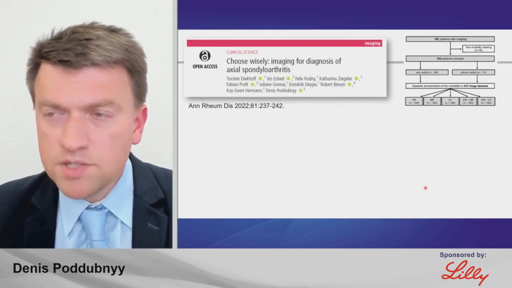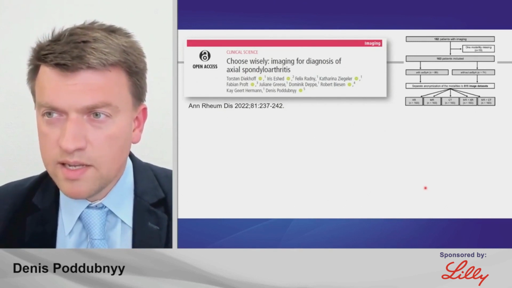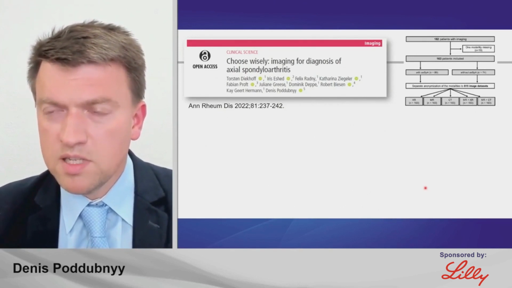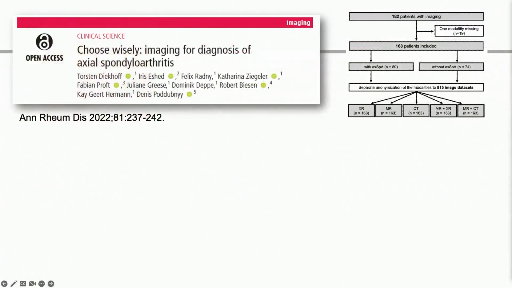163 patients with a complete set of images, and complete set means that we had from all patients an X-ray, an MRI, and CT of sacroiliac joints, and all these images were divided into 5 reading campaigns, done separately.